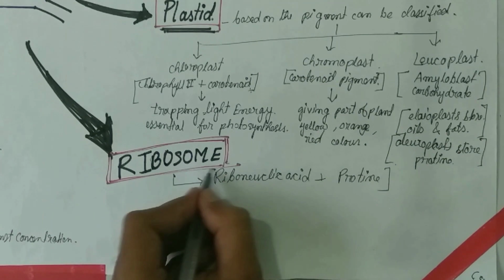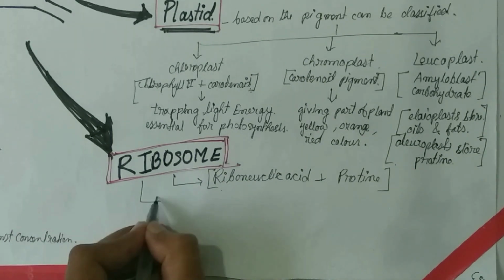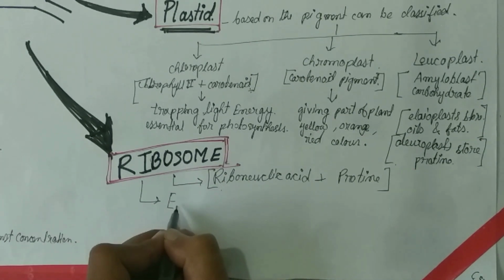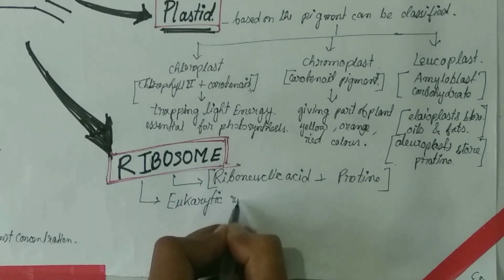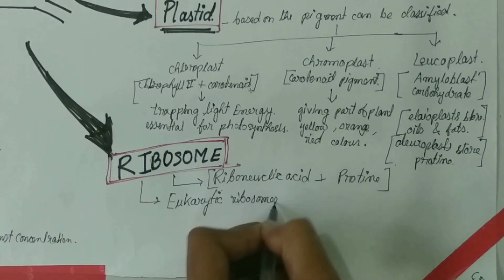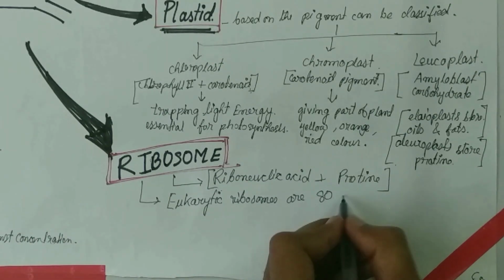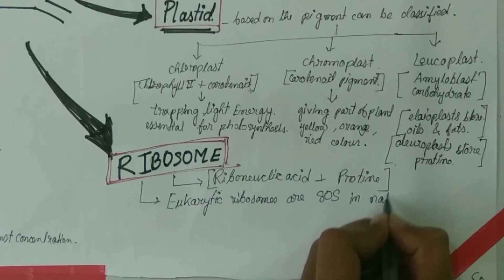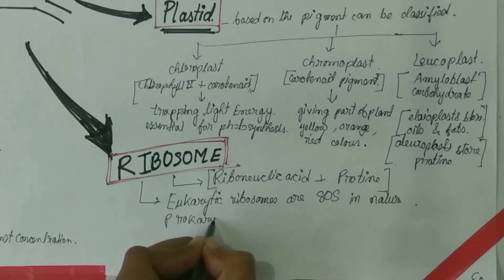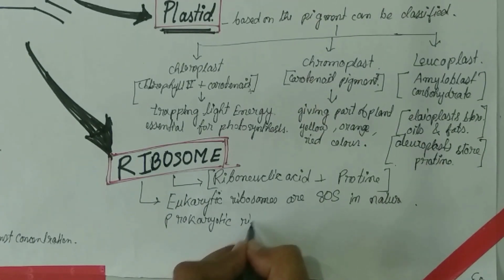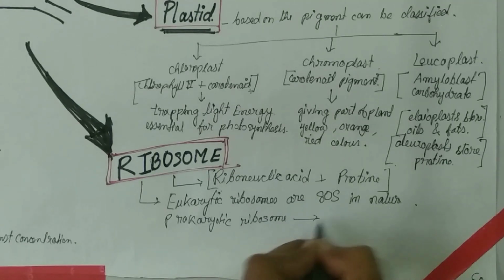NCERT says that eukaryotic ribosomes are 80S in nature, whereas prokaryotic ribosomes are 70S in nature.